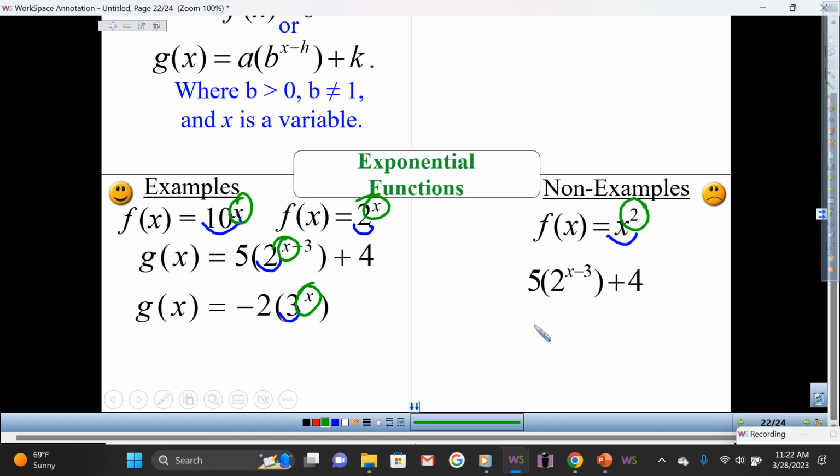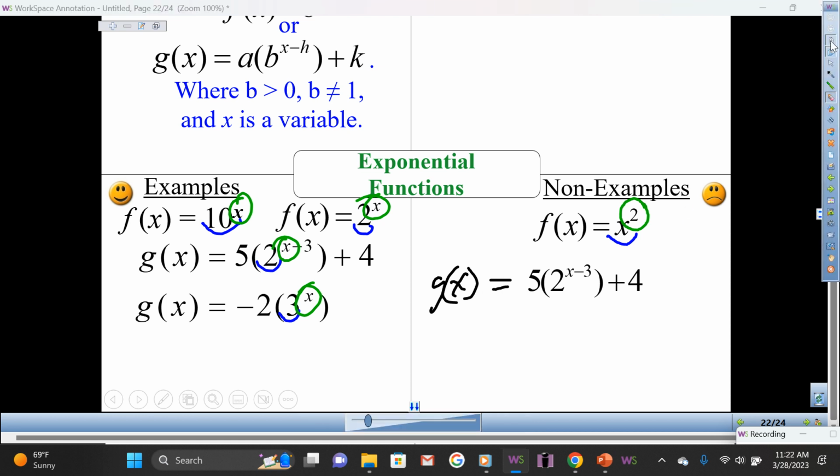All right, and the last one, why is this one not an exponential function? Isabella. There's no equal sign. That is correct. It needs to be equal to a g of x or f of x. That's why it's not.